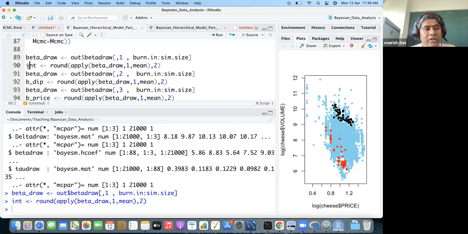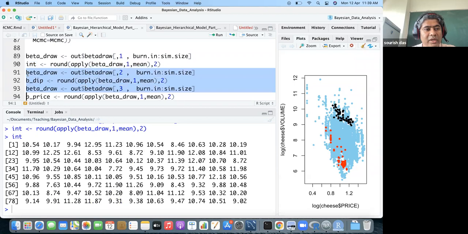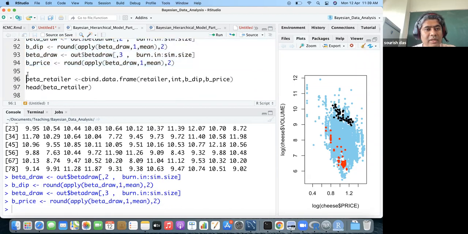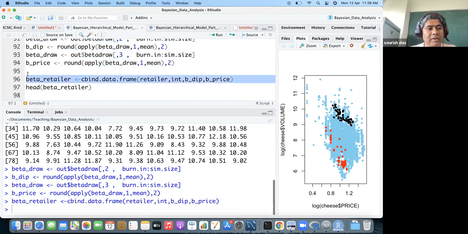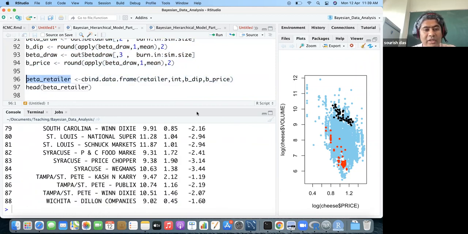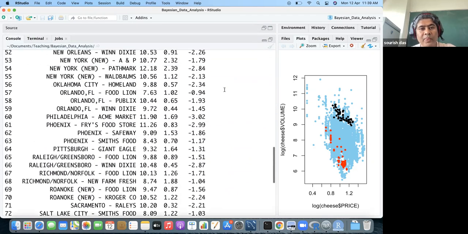That will give you all the 88 intercepts. Similarly, you do it for display activity and price. Then I computed the beta for all the retailers, and that is what it gives me.